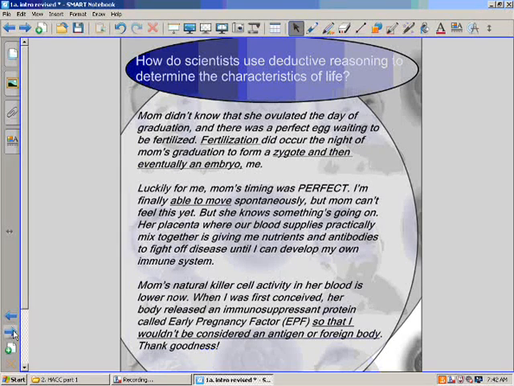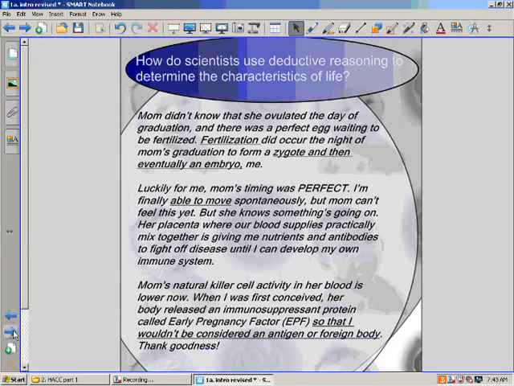Thank goodness. Take a look at some of the underlying terms or phrases and connect those with some of the characteristics of life that we just looked at. So fertilization has a lot to do with reproduction. Sperm meets egg. Zygote, then embryo, has a lot to do with development, and living things reproduce and develop.